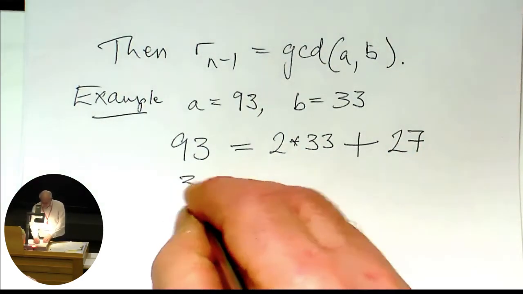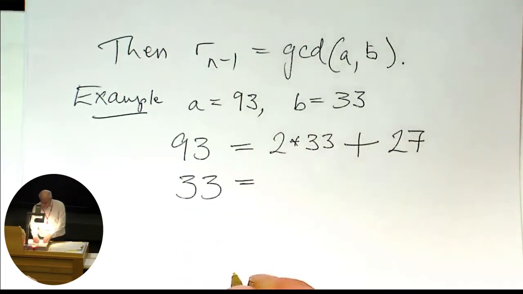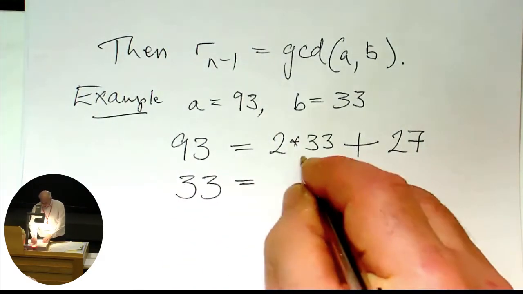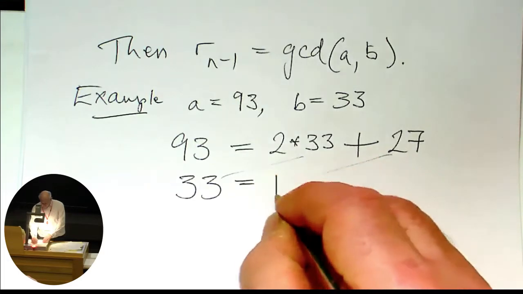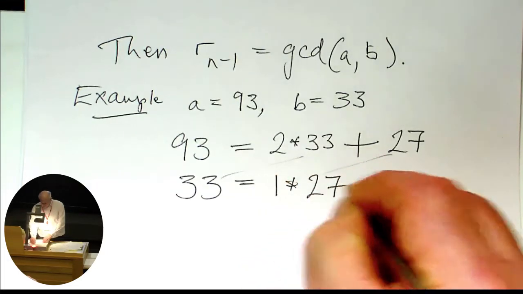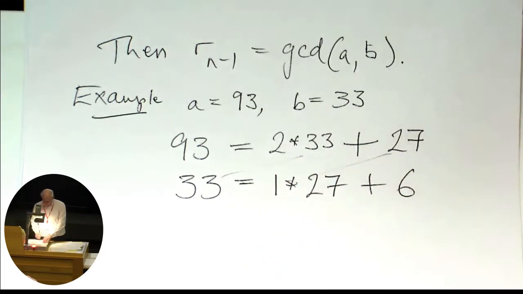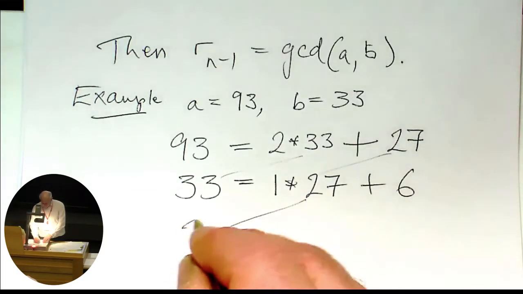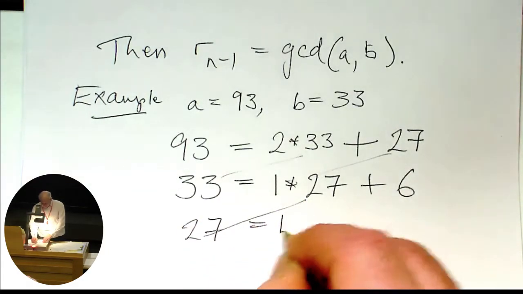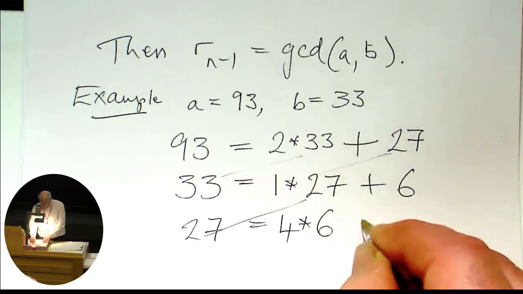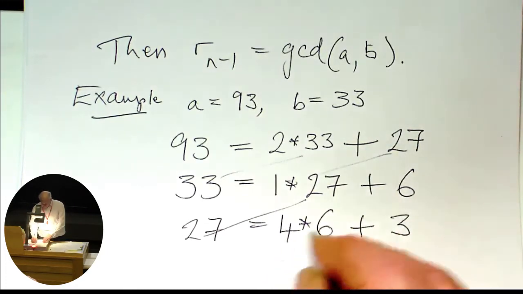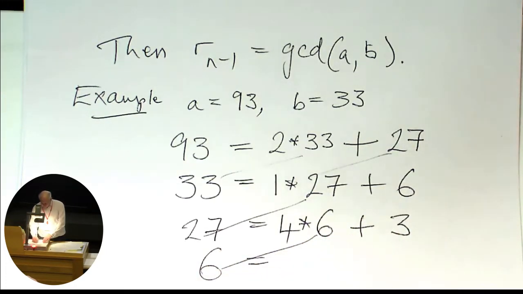Then we take the 33 down here, and we divide that by 27. That goes once, and the remainder is 6. Then we take the 27 down, we divide that by 6, that goes 4 times. The remainder is 3. Take the 6 down, we try and divide it by 3.